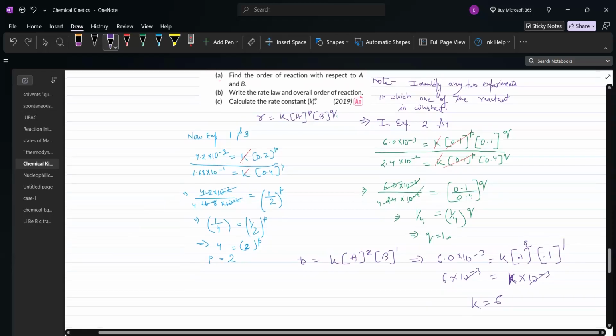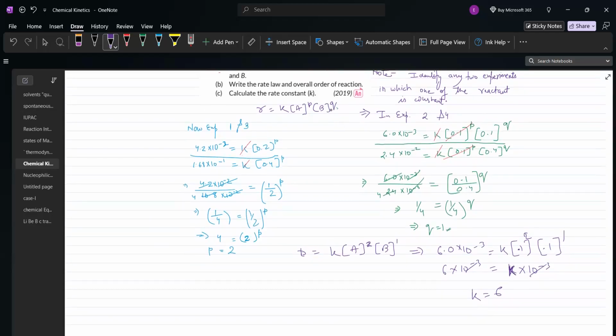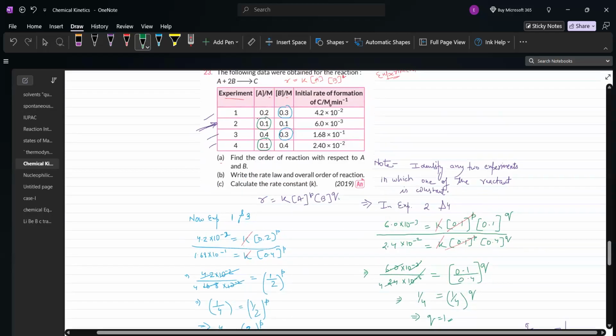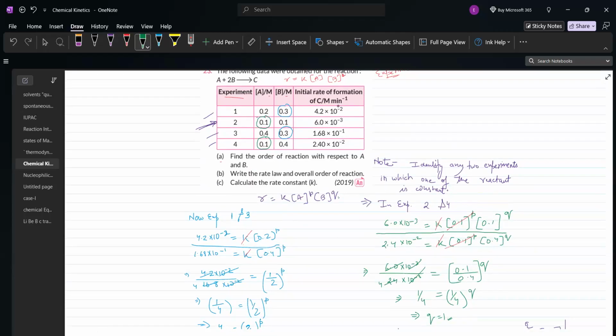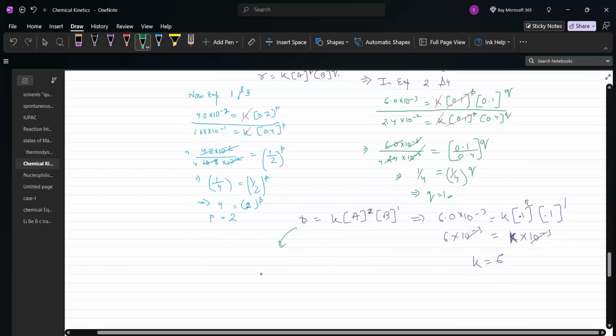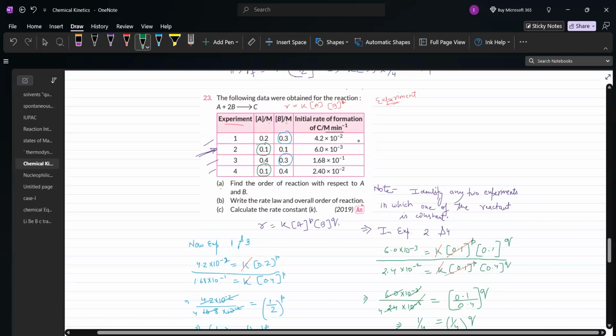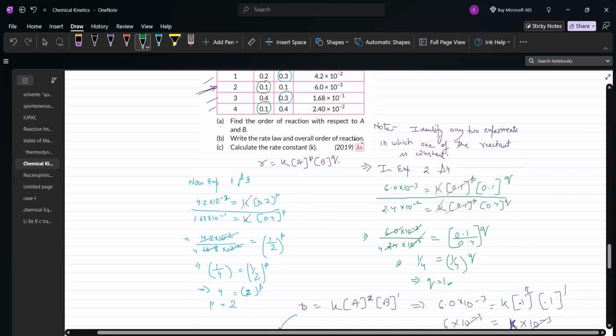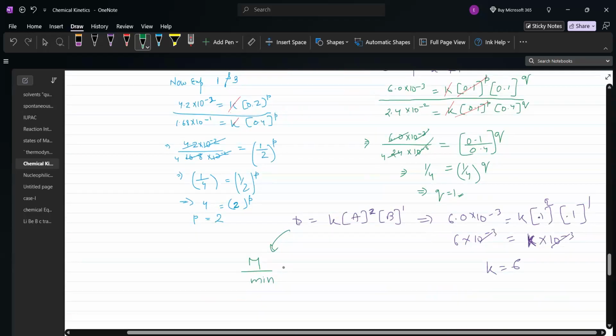The rate of reaction unit is given as molarity per minute. Okay, it is given molarity per minute, right? Molarity per minute. Are you getting this? Have you seen this? Yes, sir.